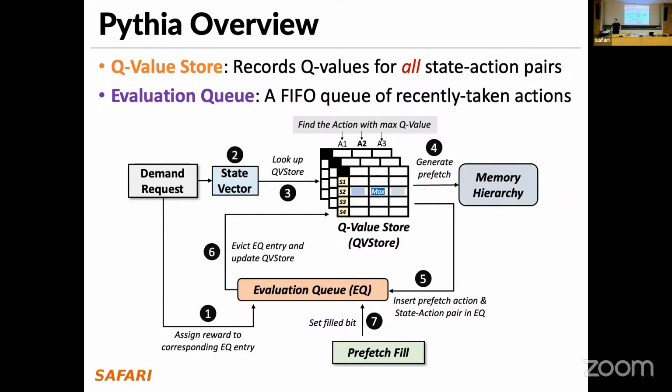Yes, and Pythia does not store it exactly in that matrix. What Pythia does is we break each queue value up by the individual features. For each feature, we then have a corresponding partial reward.